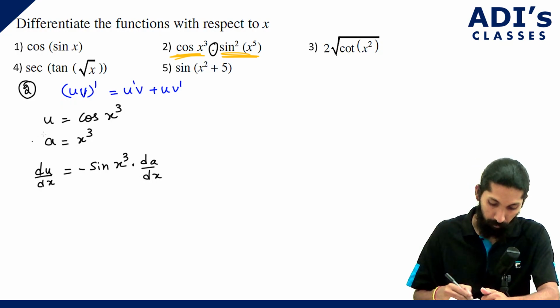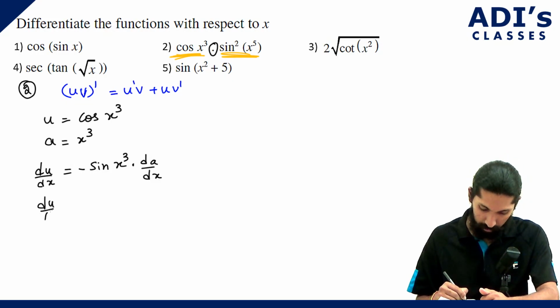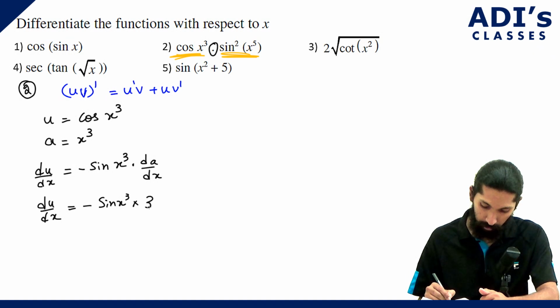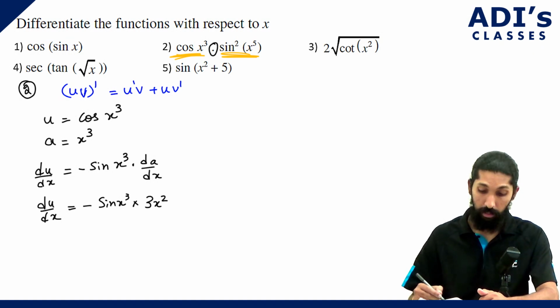Understood? This is what we have. So du by dx is minus sine x cube into 3x square. See, we got du by dx.